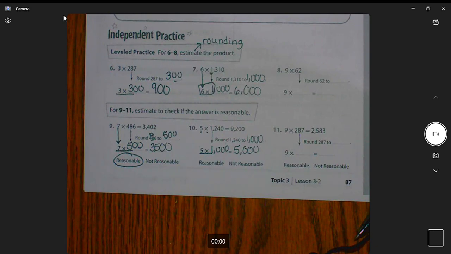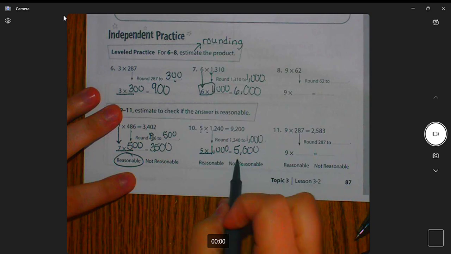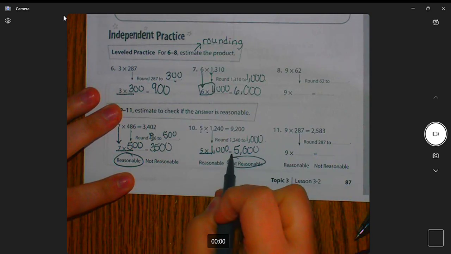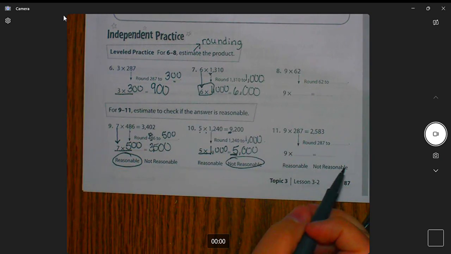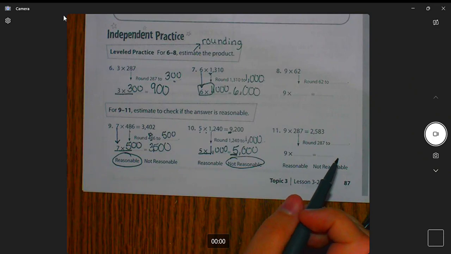It's not reasonable. It's nowhere close. And the reason is 5,000 is not near 9,000. So I can't say, yes, this sounds good, because that is not even close.